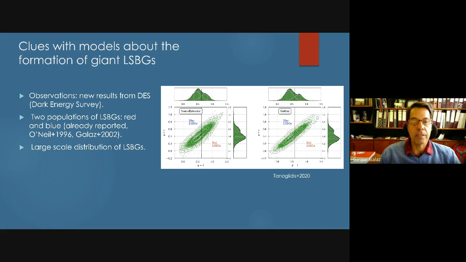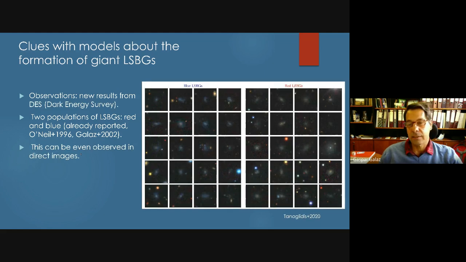This was reported by O'Neill in 1996, and by a group we had at that time in 2002 using Sloan, in fact. We reported that. So the large-scale distribution of these galaxies still remains something to study.